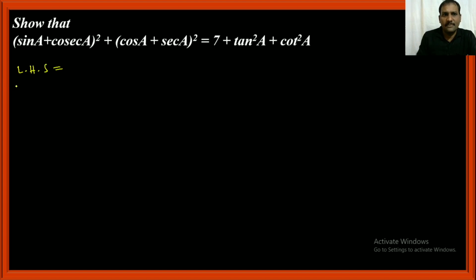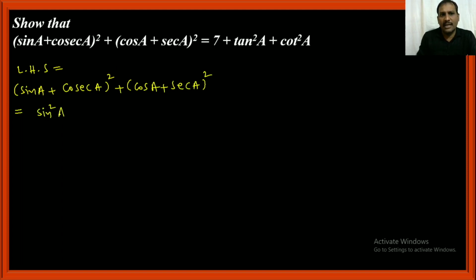So that is (sin a plus cosecant a) whole square plus (cos a plus secant a) whole square, that is equal to, this is (a plus b) whole square. Let us expand this.